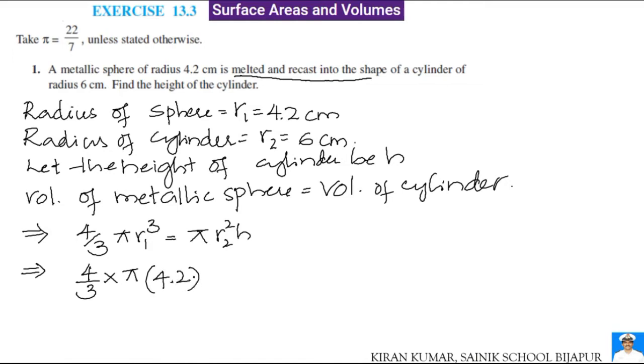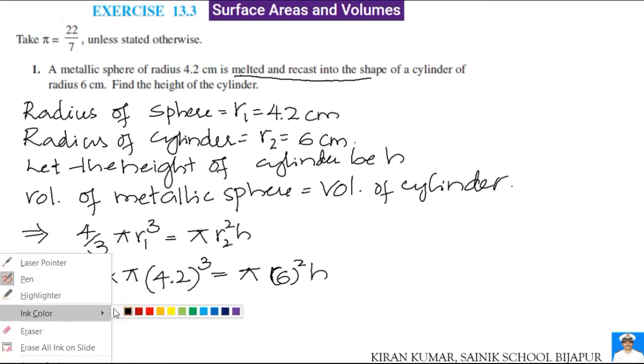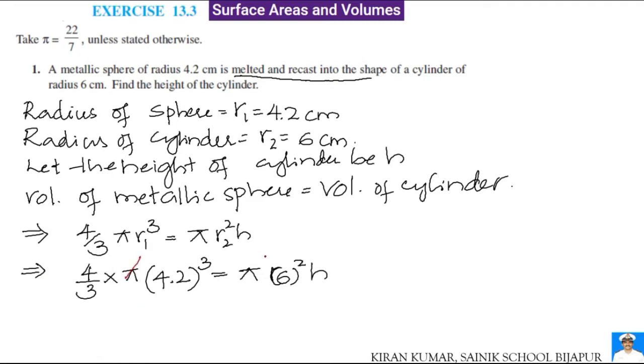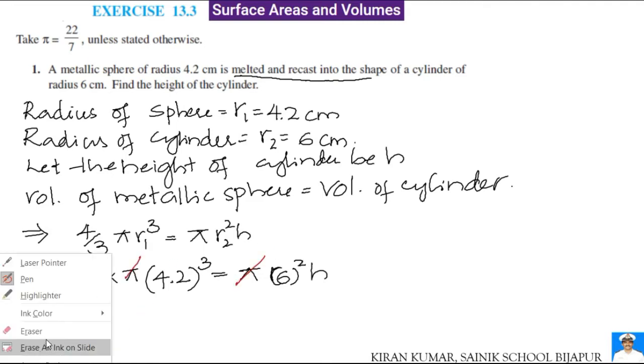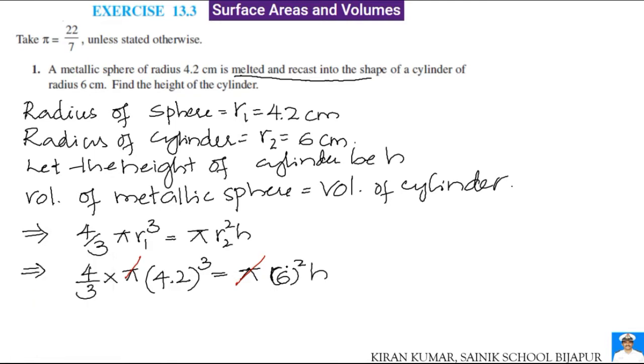So 4.2 whole cube equal to pi times R2 is 6 square into h. Here pi will get cancelled. We need to find the value of h.